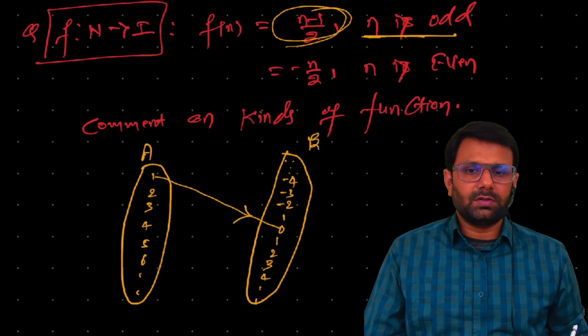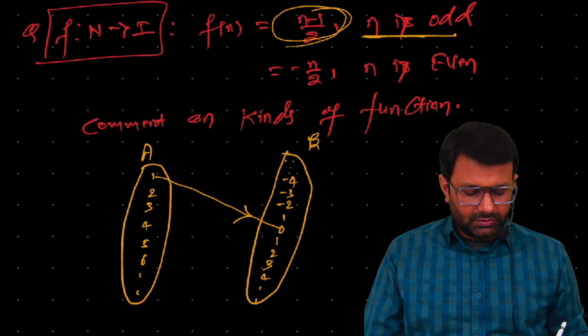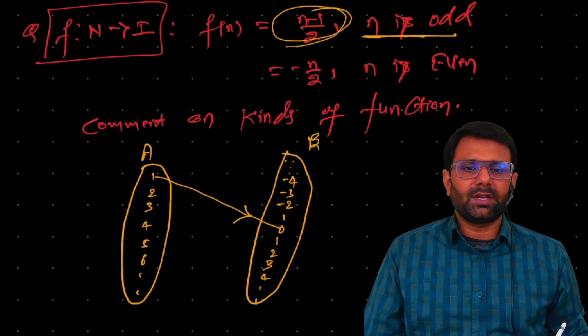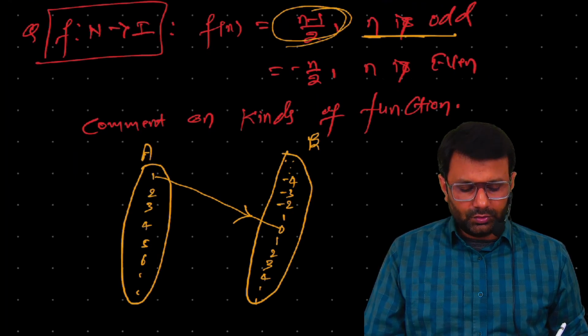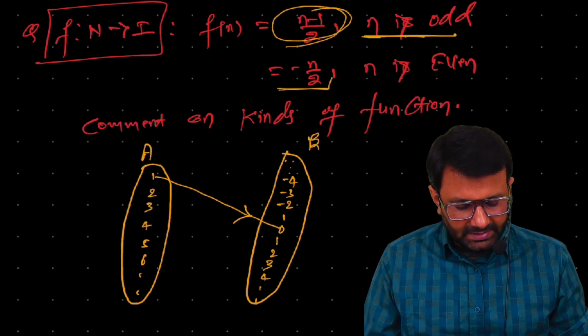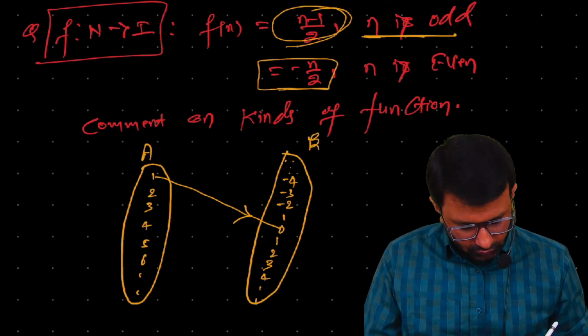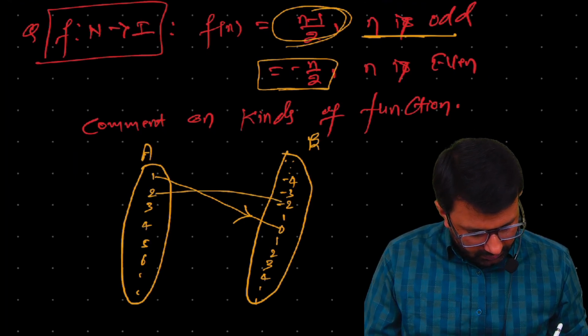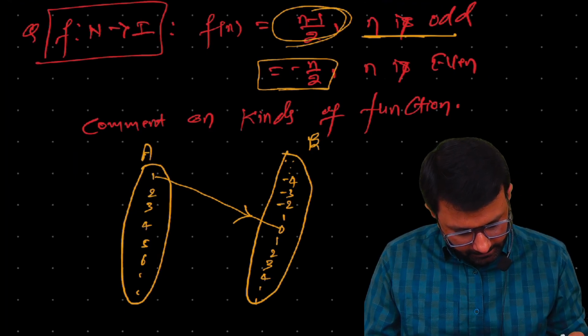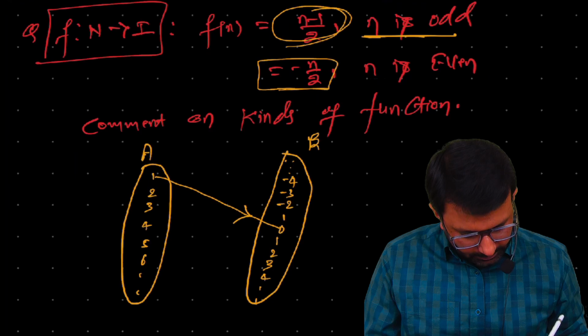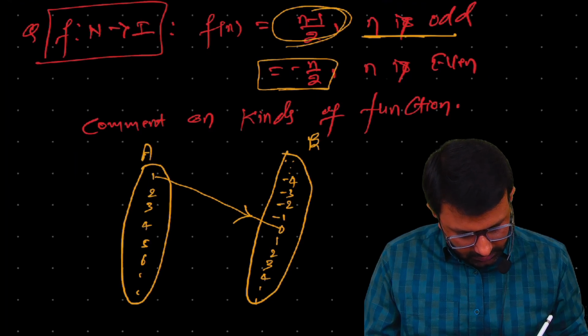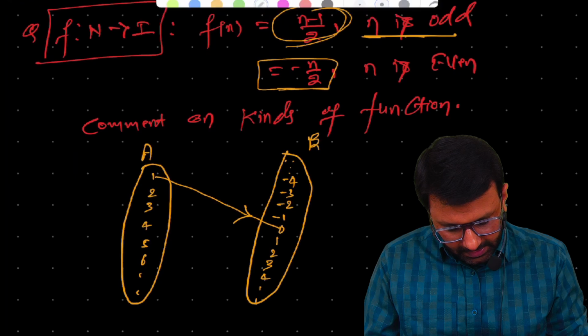So 1 connects with 0. Next I take 2. 2 is even, so I use minus n by 2: minus 2 by 2 is minus 1. So 2 will connect with minus 1.